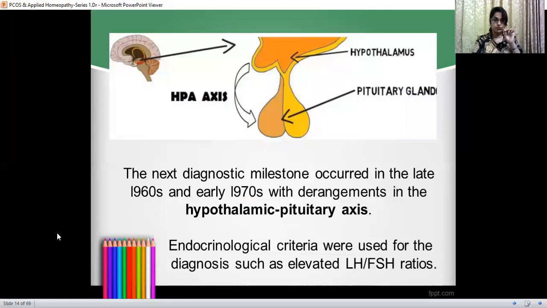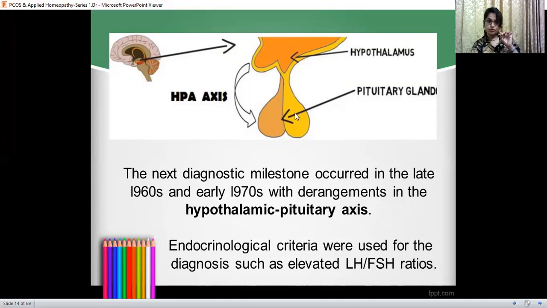The next diagnostic milestone occurred in the late 1960s and early 1970s with derangement in the hypothalamic pituitary axis. So this is the hypothalamus, this is the pituitary gland. Endocrinology criteria were used for the diagnosis, such as an elevated LH and FSH ratio. As we know, the normal physiology of the menstrual cycle is that the hypothalamus stimulates the pituitary gland.